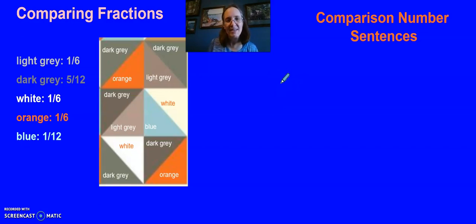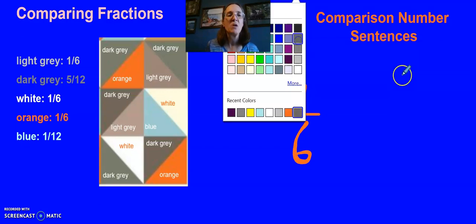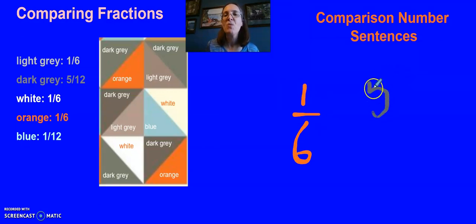We can really treat this as a puzzle in logical thinking. For example, what if I wanted to compare 1/6, that's orange, with dark gray, which is 5/12? Perhaps I don't want to do equivalent fractions here. Perhaps I can see something else about the patterns and relationships in the fractions themselves.